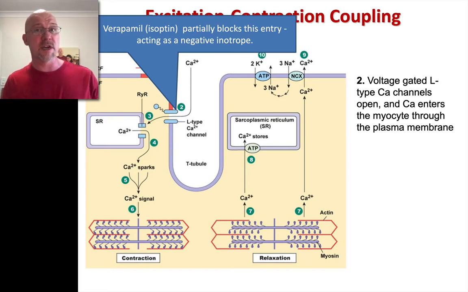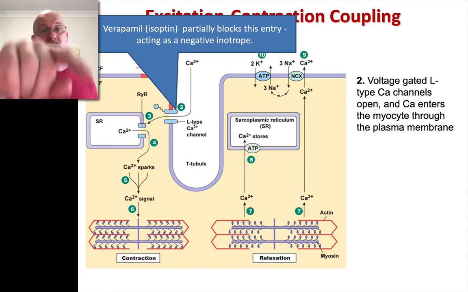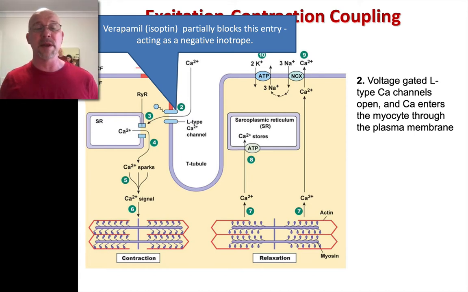Other calcium channel blockers work in the heart, and they work in particular on this membrane. So verapamil is more of a cardioselective channel blocker. Its trade name is Isoptin. You might know it by that. And Isoptin can block this.